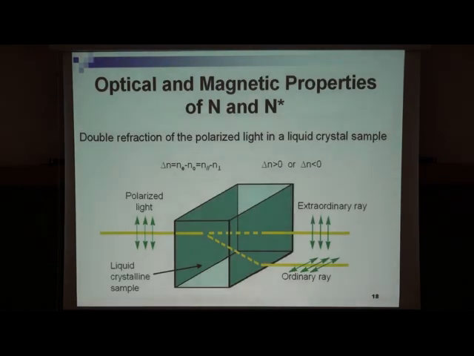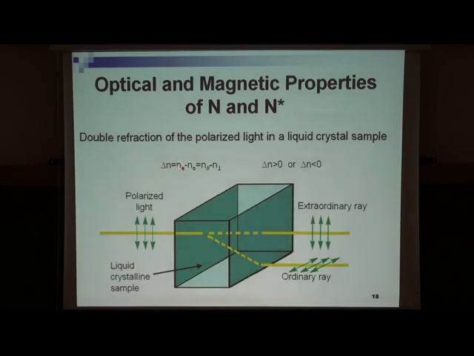Okay. I think everybody knows this, but I will give some information. When polarized light enters the liquid crystal sample, 2 rays are observed. One is extraordinary, the second one is ordinary.